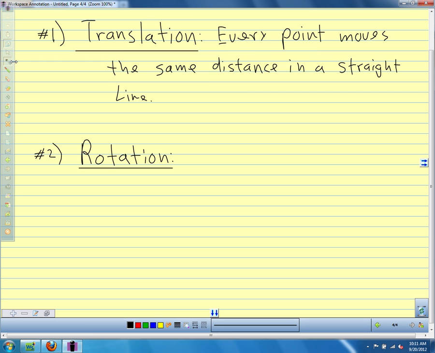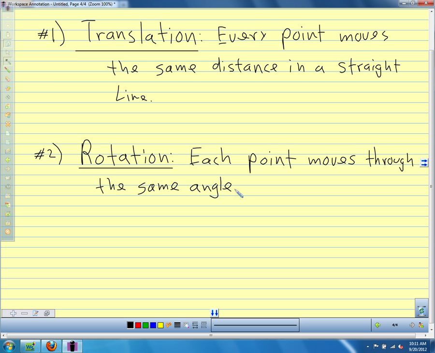The angle. So in a rotation, each point moves through the same angle. And the point that we rotate around is called the center of rotation.